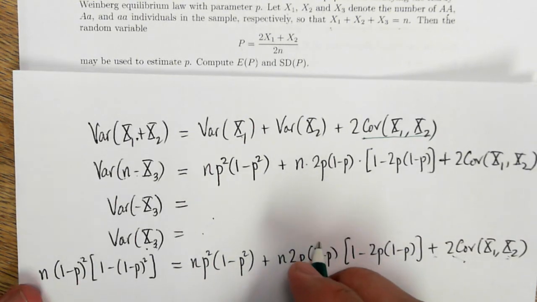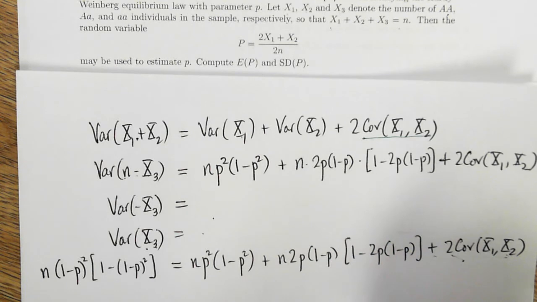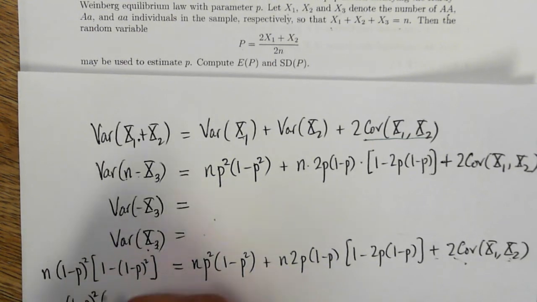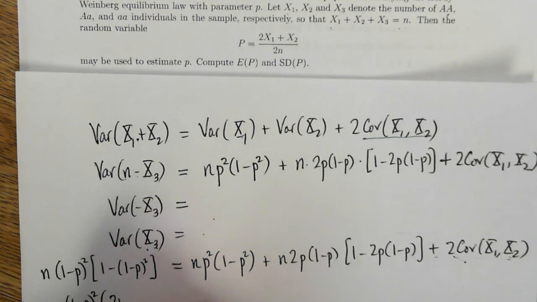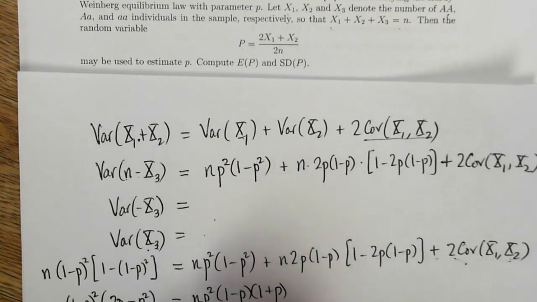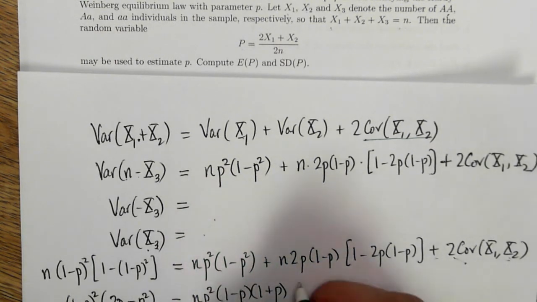Okay, well, there's nothing to do except just do it. Let's see if I can simplify this a little bit. This is going to be n times (1 minus p) squared, and in the parentheses here, I'll have 2 times (p minus p squared). Here I have n times p squared, (1 minus p), (1 plus p), factoring out the difference of two squares.